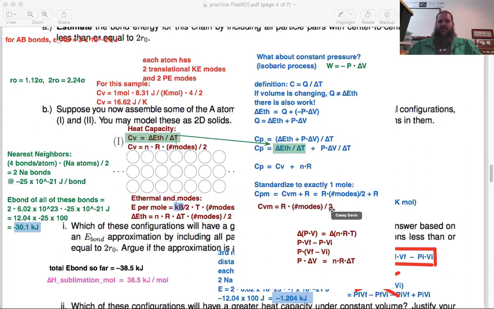How much heat per degree Celsius it takes to raise the temperature if it's at constant volume versus how much heat per degree Celsius if it's at constant pressure.